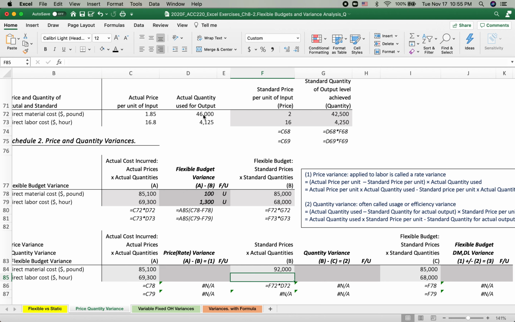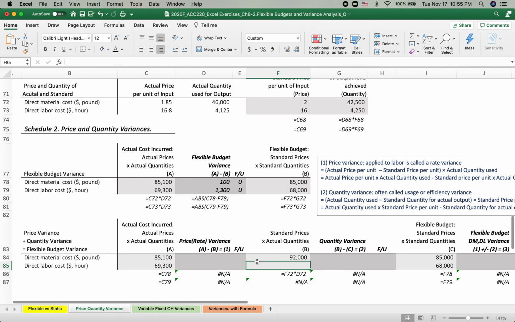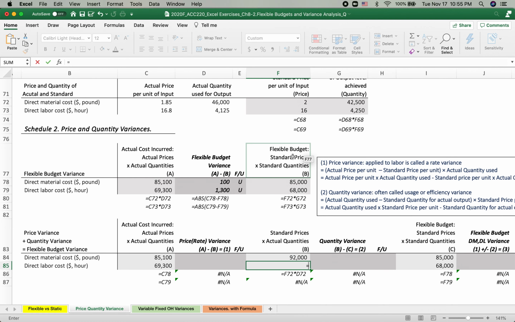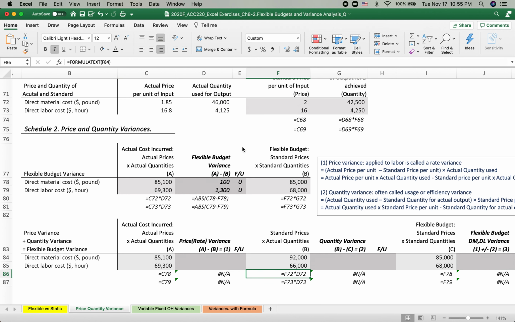So we got 92,000 for the direct material cost. And then the same way, $16 times 4,125 hours total.